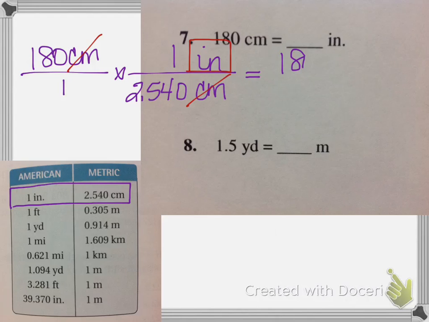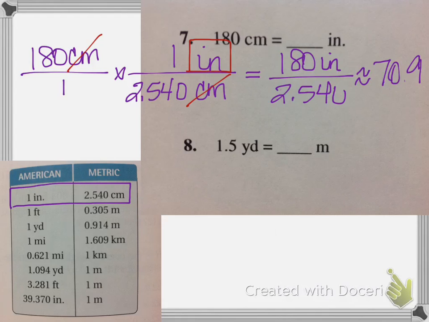So I have 180 inches over 2.540, and when I do the division, I get approximately 70.9, and this is inches. So 70.9 inches.